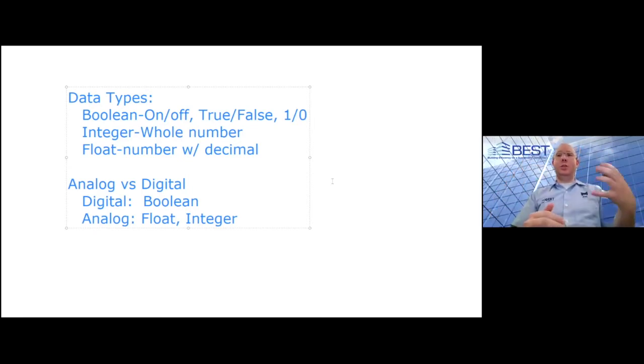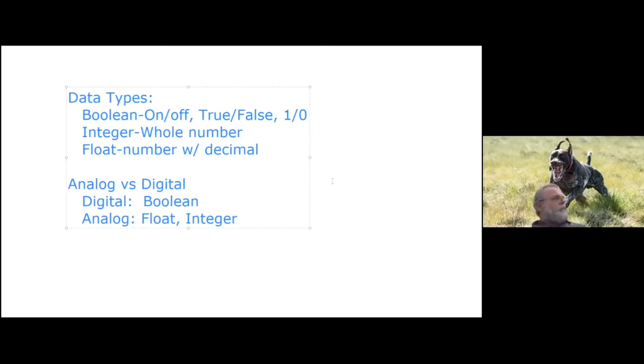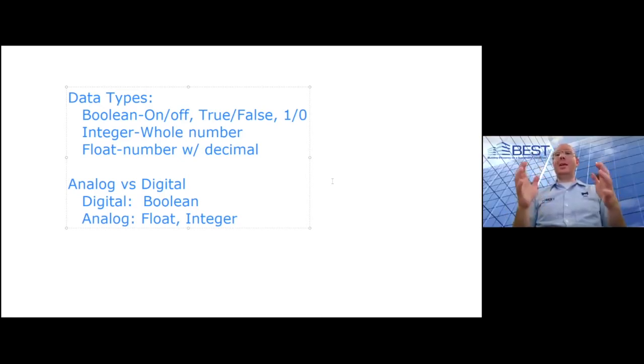So digital, Boolean, just on-off type values. Analog values are anything in a range of values. It doesn't necessarily have to have a decimal point to it, because we're looking at a range.